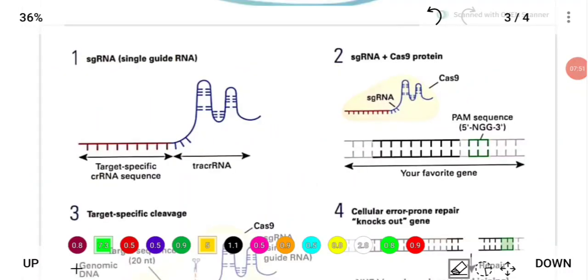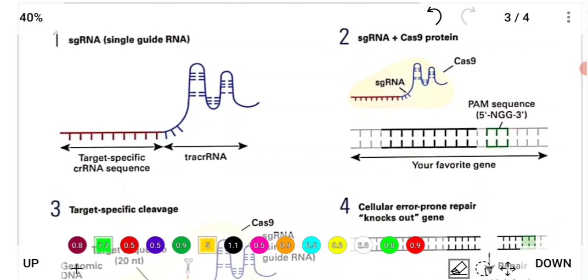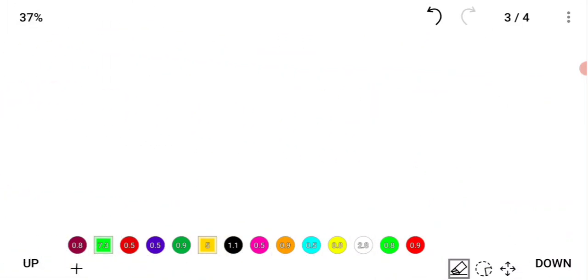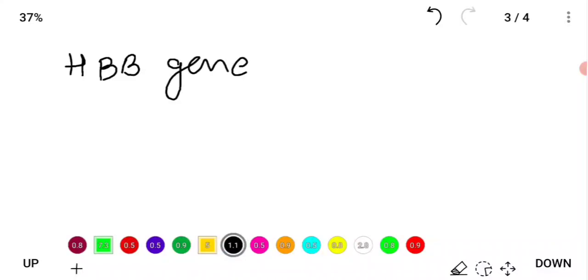Now let's understand the process, how the genome editing is done. Firstly, we have the guide RNA. We will pre-design the guide RNA complementary to our target DNA. Suppose, for example, sickle cell disease is due to the HBB gene.